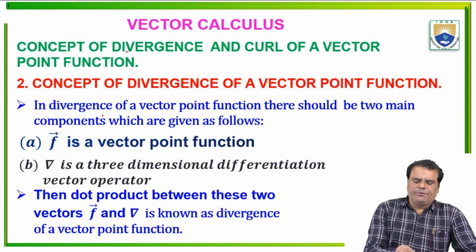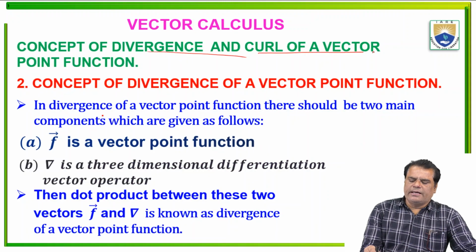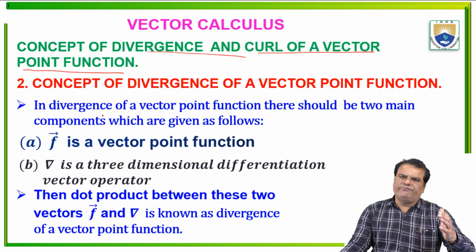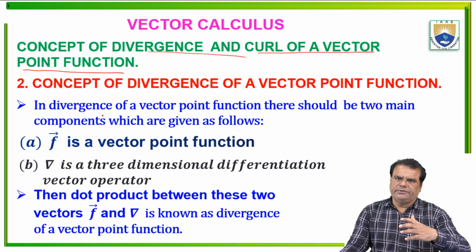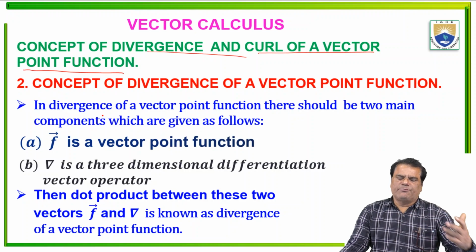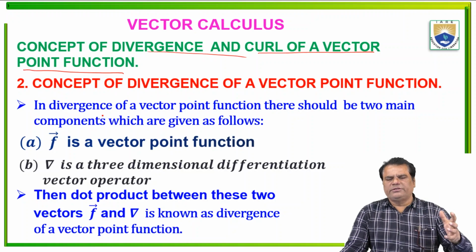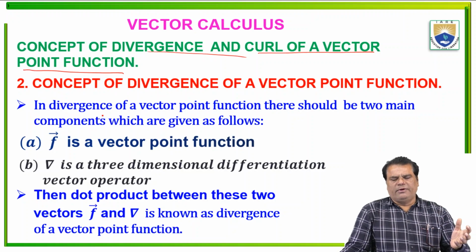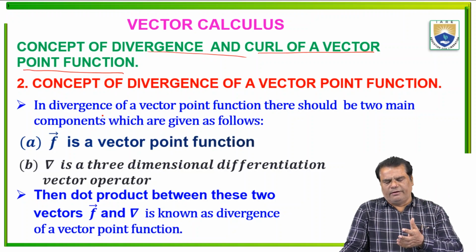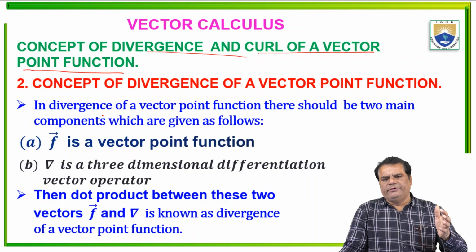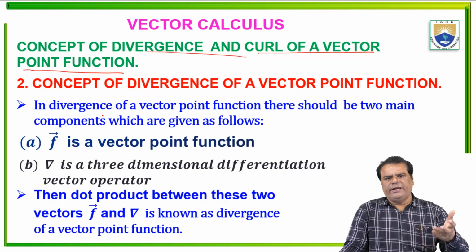Now, the concept of divergence and curl of a vector point function. What is the concept of divergence and curl of a vector point function? First of all, I want to tell you that in both problems, divergence and curl, there should be a vector point function. A vector point function is common in both divergence and curl.